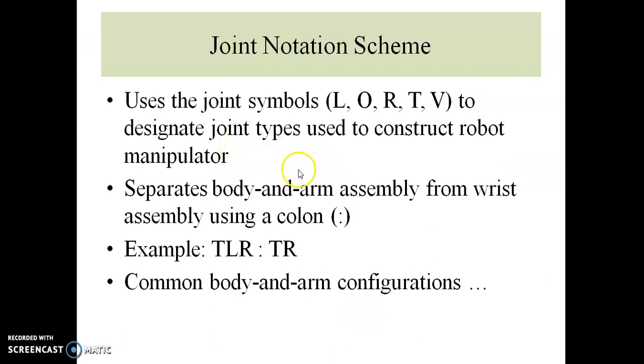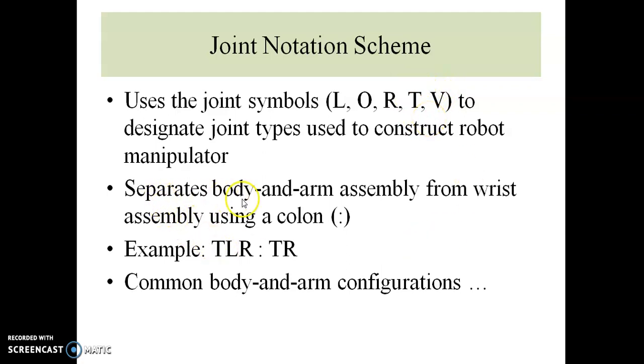In the robot manipulator, the joints are designated with symbols: for the linear joint we use L, for the orthogonal joint we use O, for the rotational joint we use R, for twisting T, and for revolving we use the V symbol.